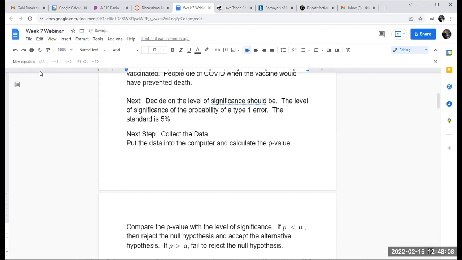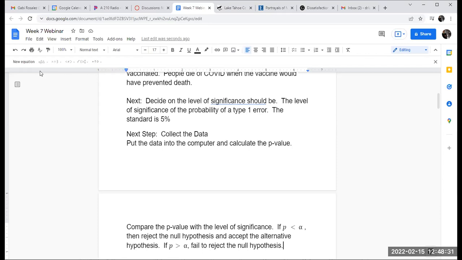Okay, and when you fail to reject the null hypothesis, there are really two reasons that could have made that happen. One reason is you were just wrong. You had this idea, you wrote down your H1, and it was just wrong. The vaccine just doesn't work. Another reason that happens often is your sample size is too small.